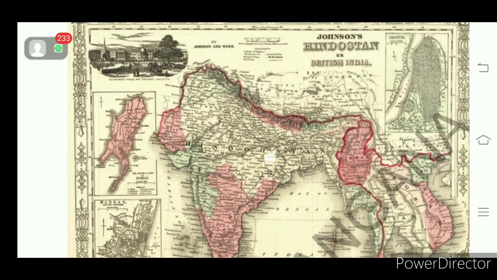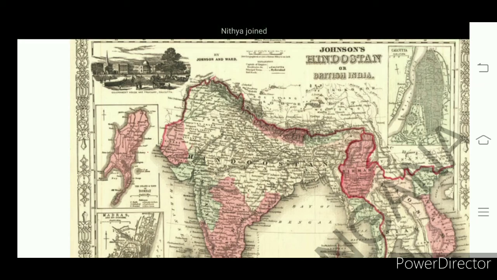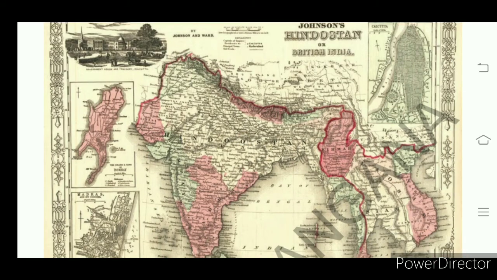This is British India. They occupied India, so they prepared it. Understand? It is called Hindustan. This is the first India map based on the James Rennell survey.